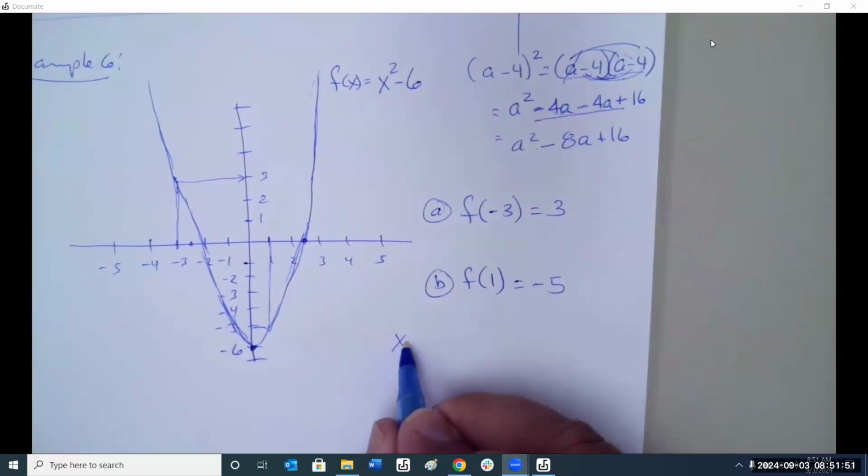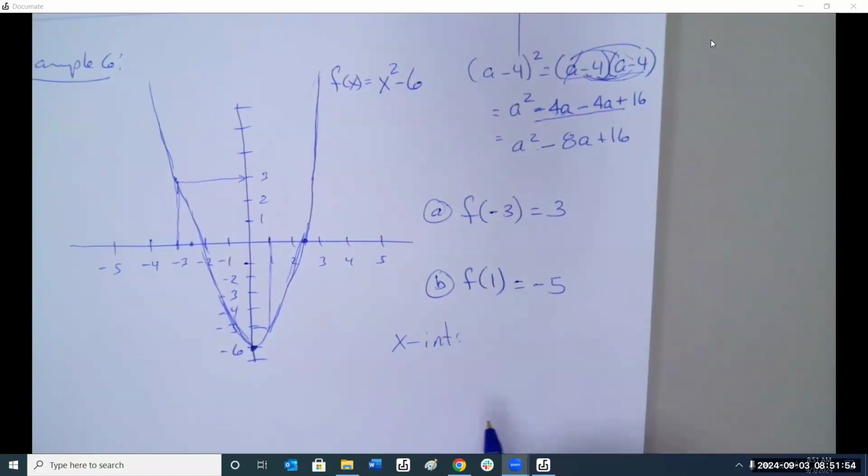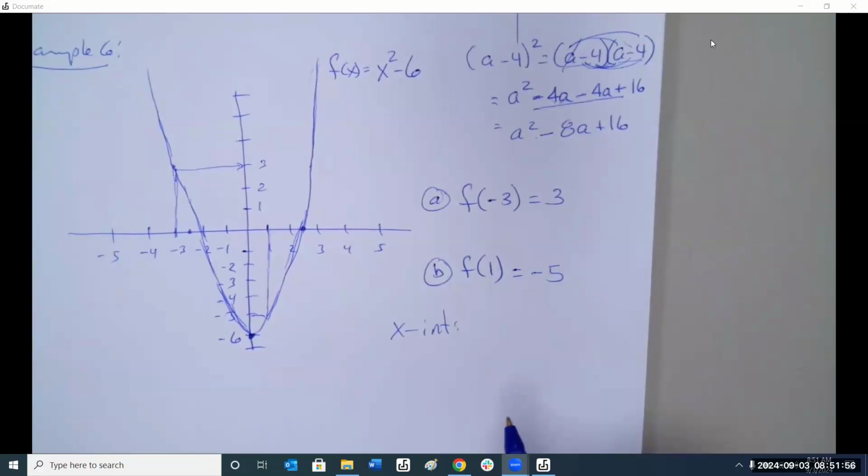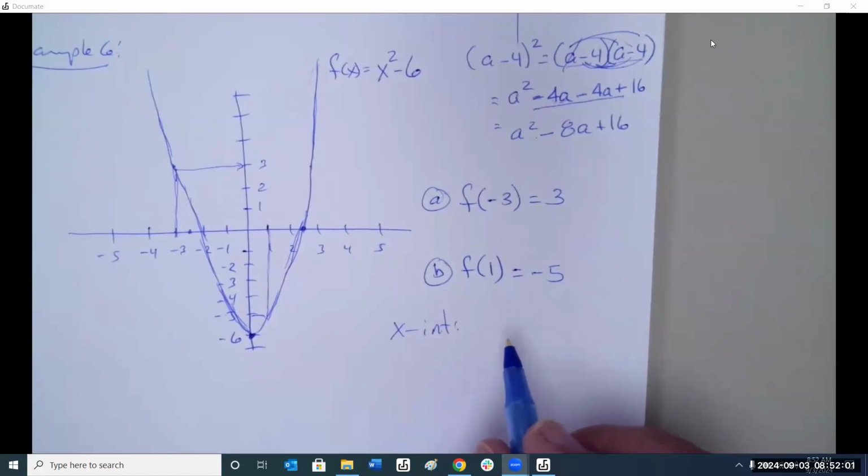What are my x-intercepts? Let's pretend they're halfway between there. So what are they? Nope. Nope. We talked about it last week. Five, 0, other numbers.